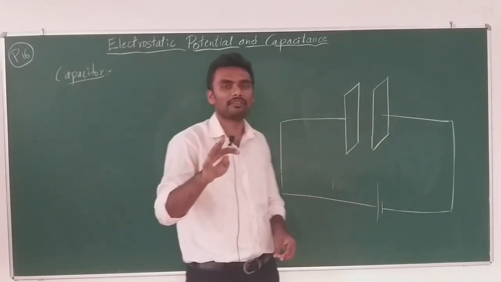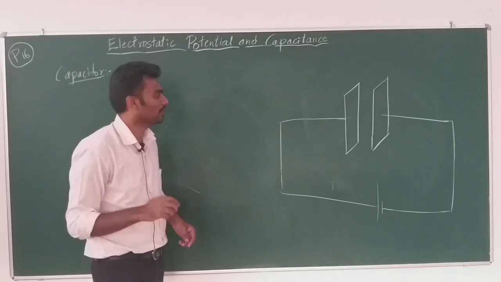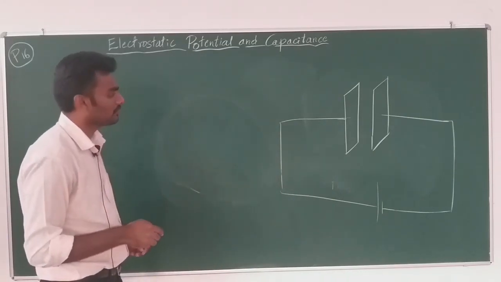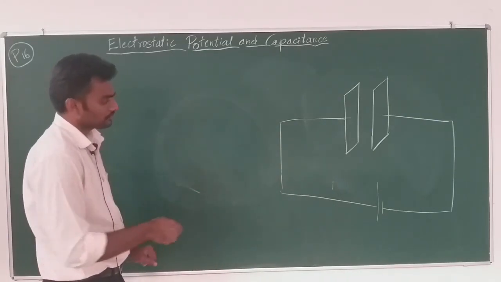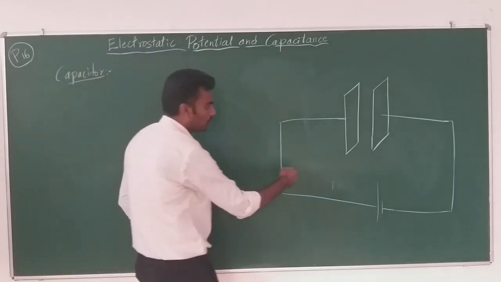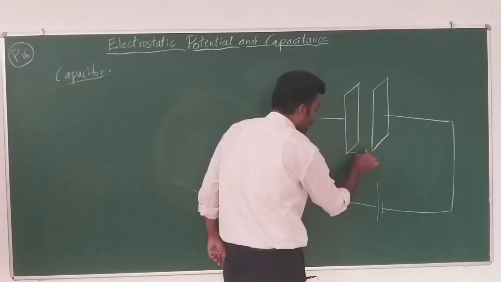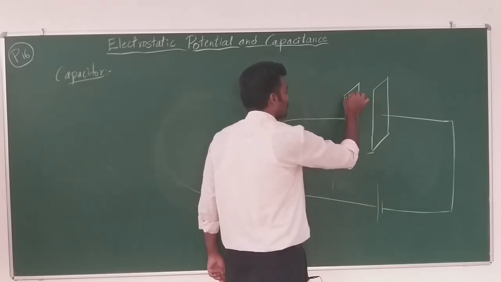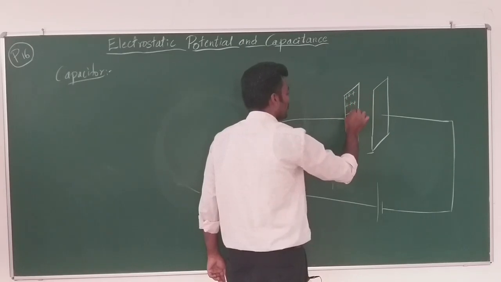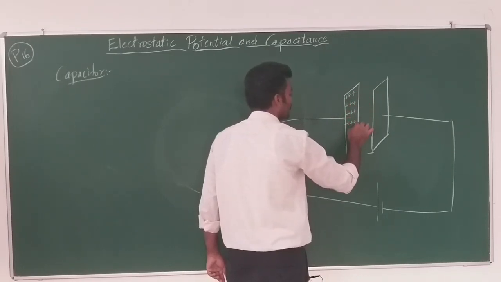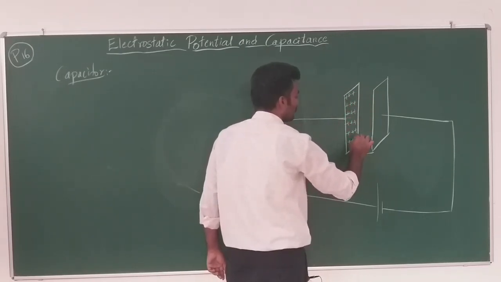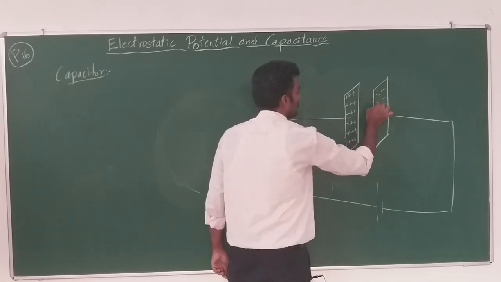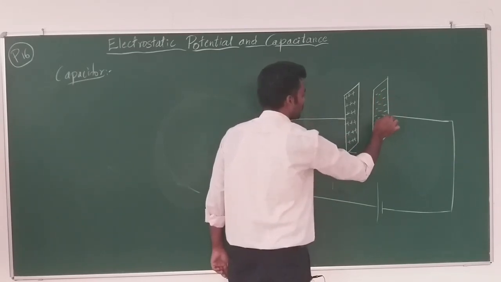You will find the perfect definition in the reference, you can refer to that and remember it. Now, consider the potential difference between this plate and this plate, because the charges accumulate on the ends: this one will accumulate positive charge and this will accumulate negative charge.